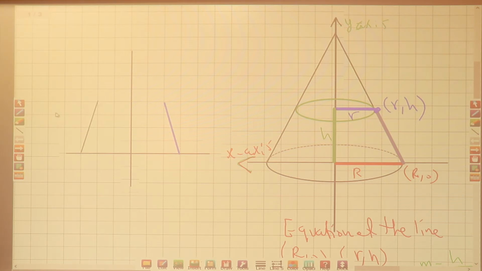This is the other line, the line I imagine will happen here when I revolve this guy here.